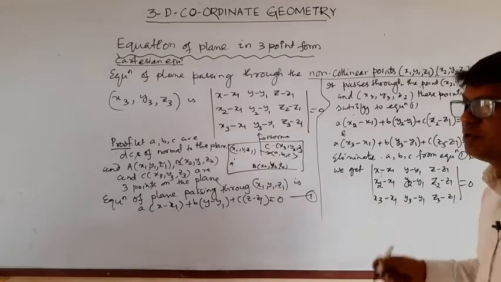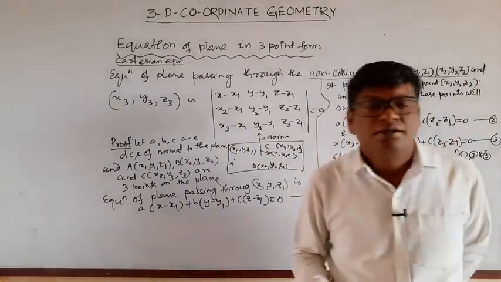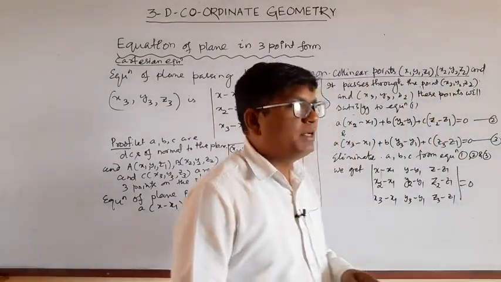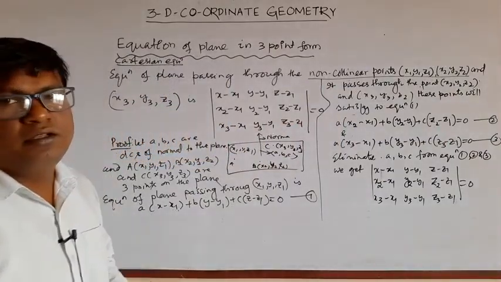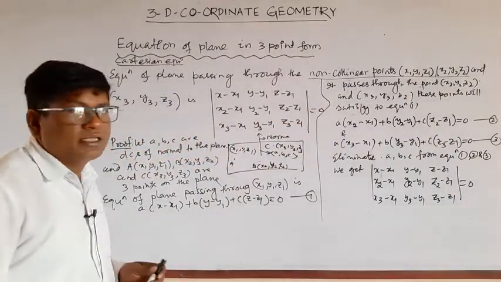By applying this formula, we can find the equation of plane passing through 3 points in Cartesian form. Now one example related to this concept.